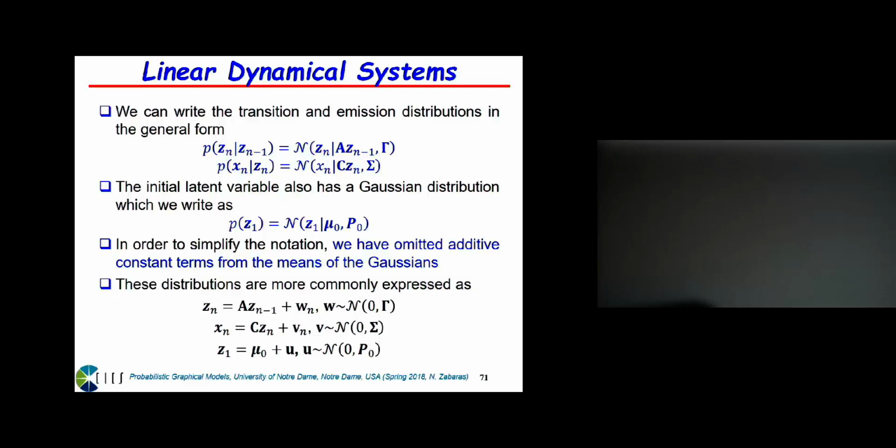A and gamma will define the transition model for the states, and this is the observation model with matrices C and sigma. Remember this, because I will forget and we will be lost with the algebra, okay? So A and gamma, C and sigma.